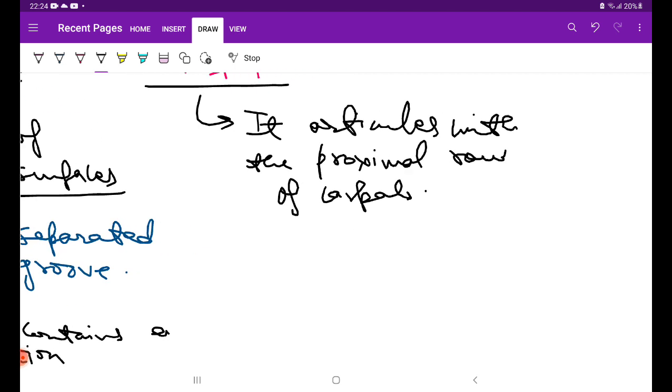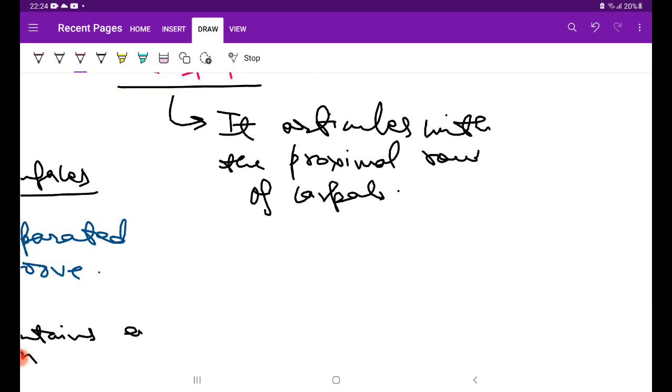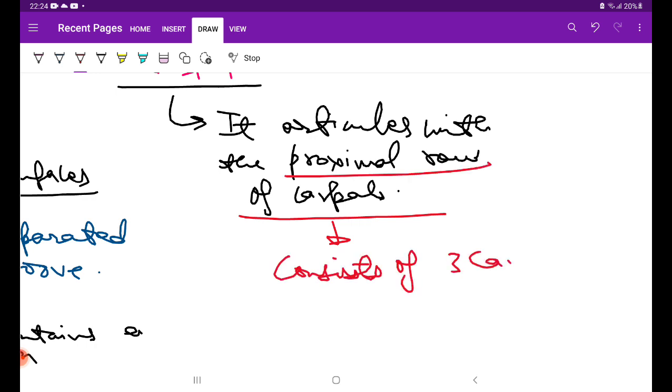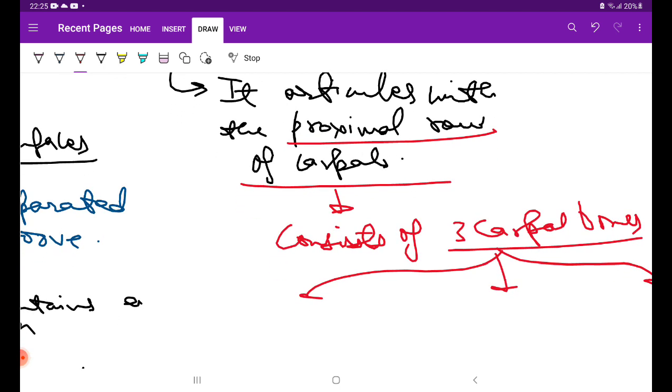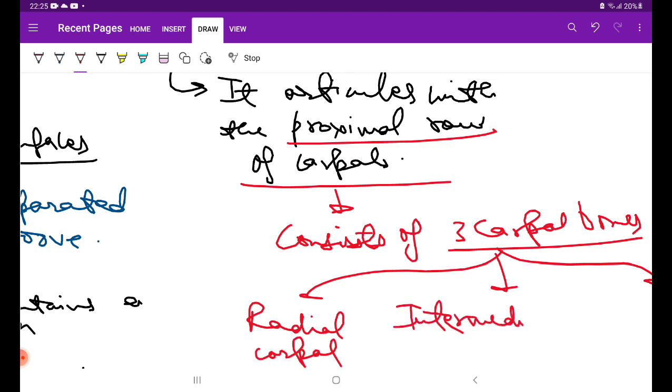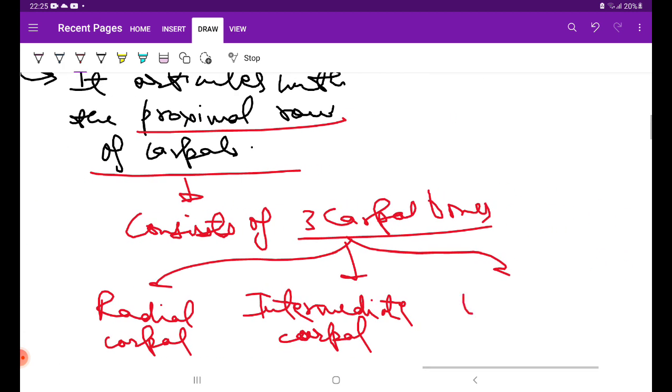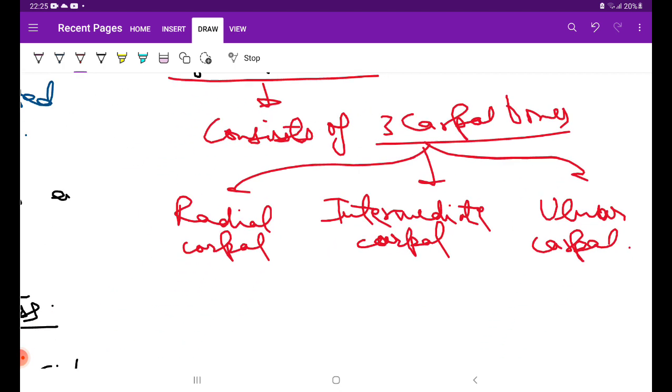The proximal row of carpals consists of three carpal bones. The three carpal bones are radial carpal, then intermediate carpal, and then ulnar carpal.